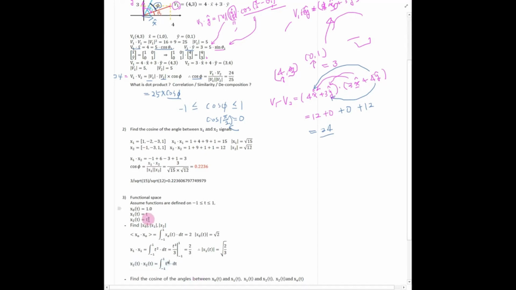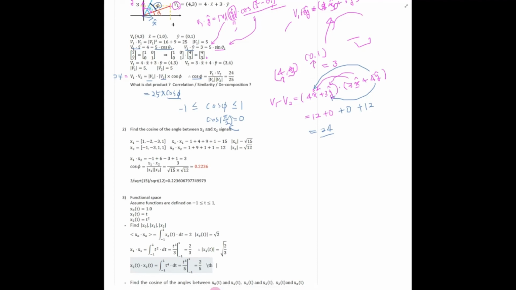So t squared times t squared gives t to the 4, and the integral gives t to the 5 over 5. Taking this integration from -1 to 1 gives 2/5. Therefore, the x2(t) magnitude is given.